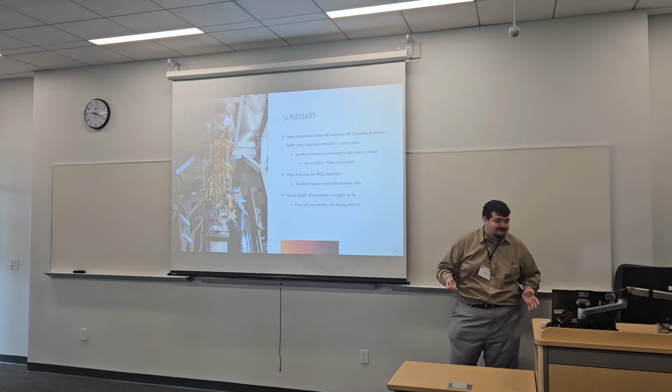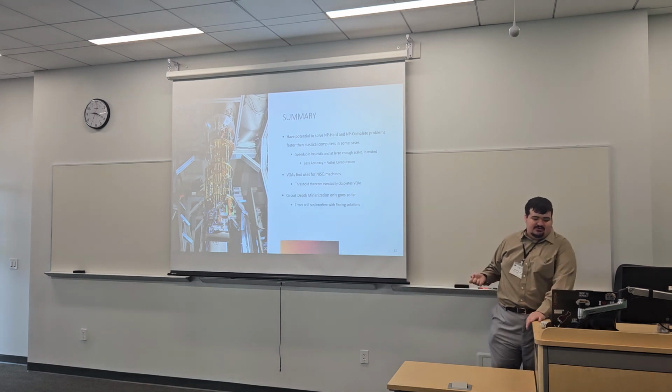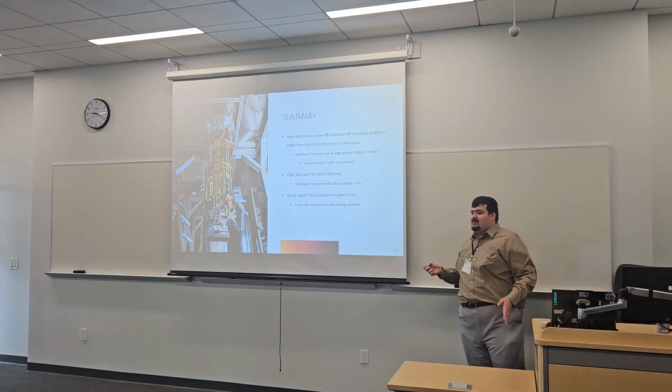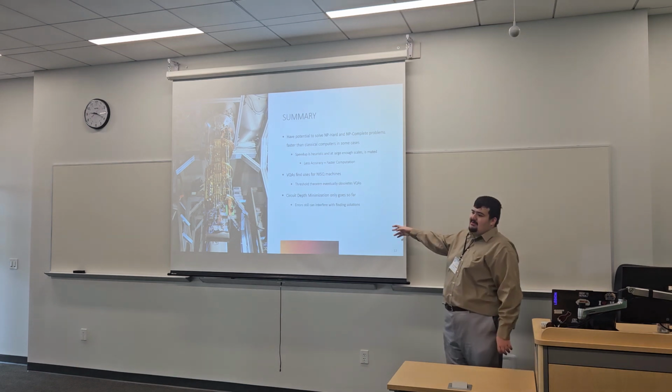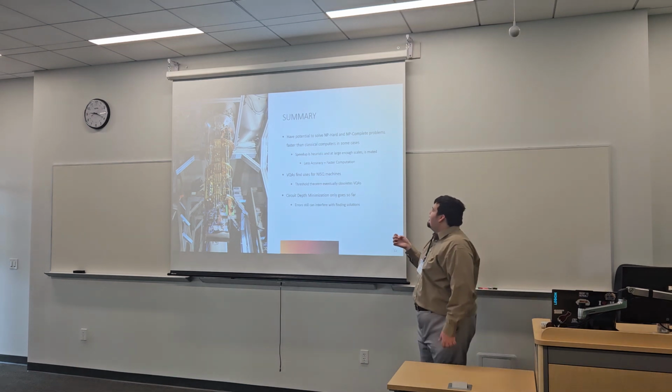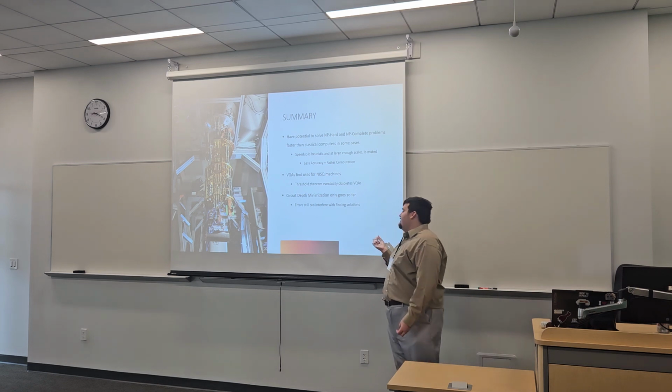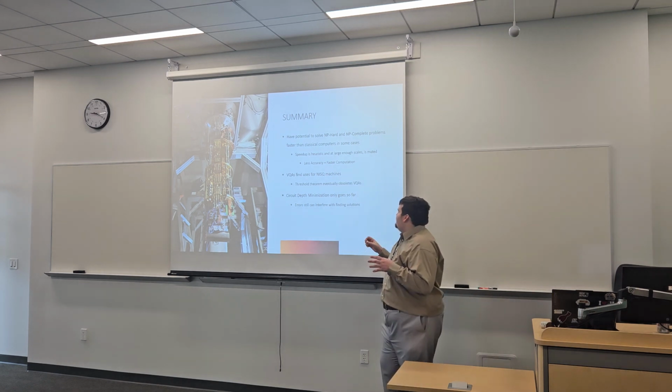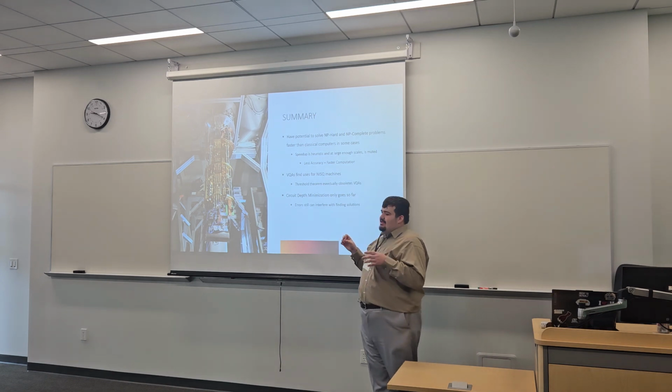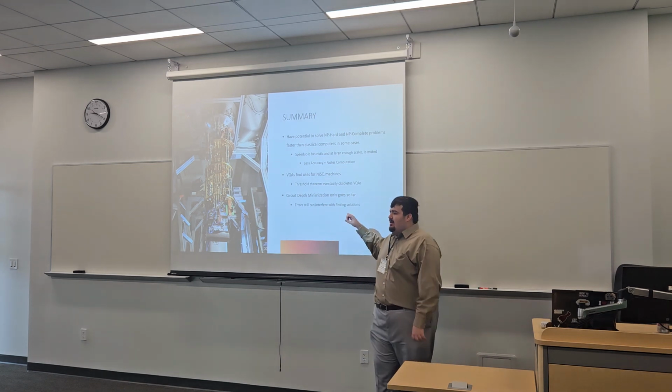So, summary: we have the potential to solve NP-hard and NP-complete problems, like our combinatorial optimization in the previous slides, faster than classical computers in some cases. The issue is that the setup is heuristic and is limited at a large enough scale, and that we are trading less accuracy.